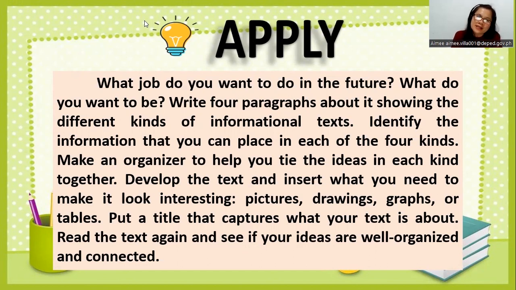Make an organizer to help you tie the ideas in each kind together. Develop the text and insert what you need to make it look interesting. Pictures, drawings, graphs, or tables can be used. Put a title that captures what your text is about. Read the text again and see if your ideas are well organized and connected.